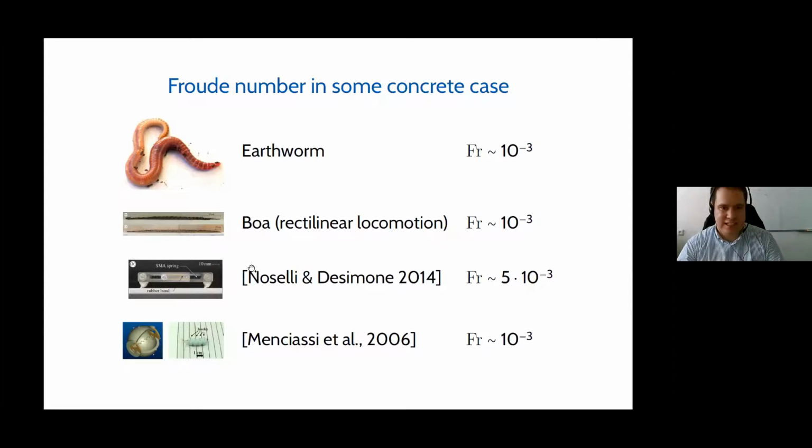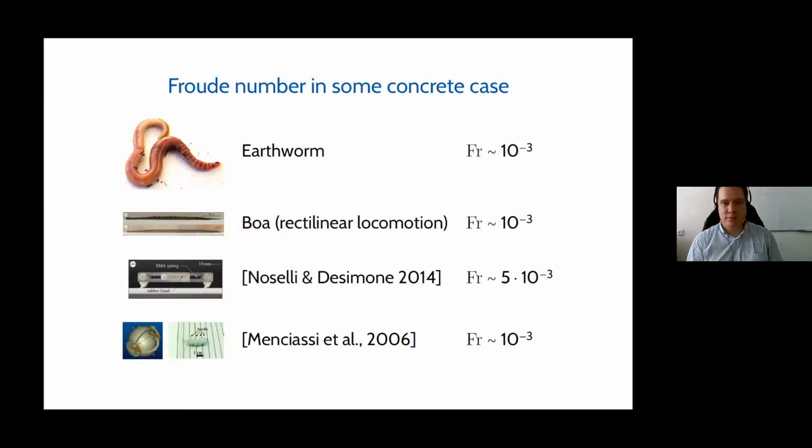Snakes have several ways to move. One that is probably not the best known is rectilinear locomotion, where they can really move straight with compression waves, essentially like earthworms. This is also the most quasi-static of the locomotion strategies in snakes.